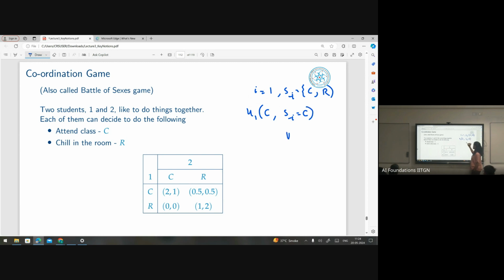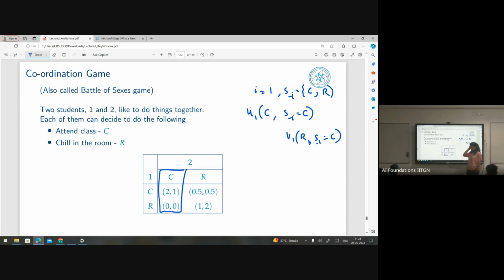And if I stay back in the room, then the other agent is going to class. How are they related? So if I go to the class, now what I've done is I have fixed s minus i to C. Now you focus on this part of the matrix.